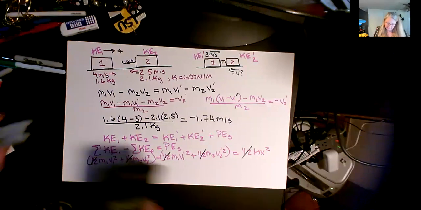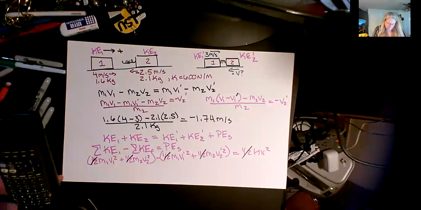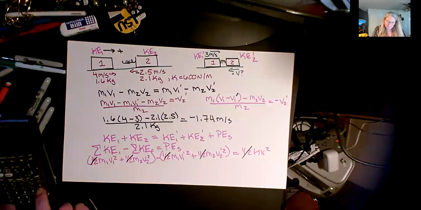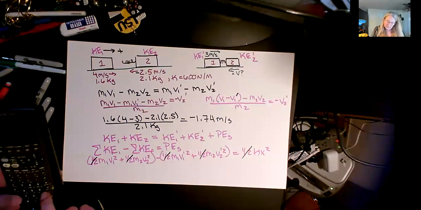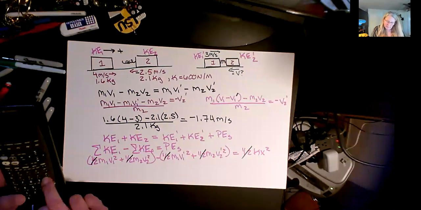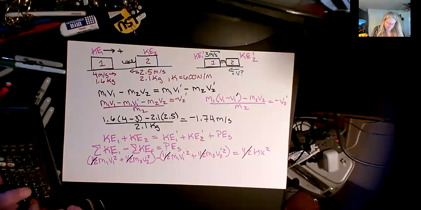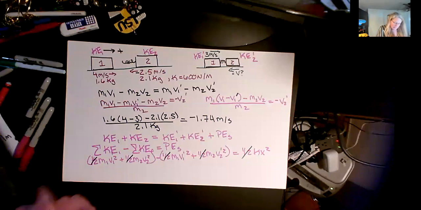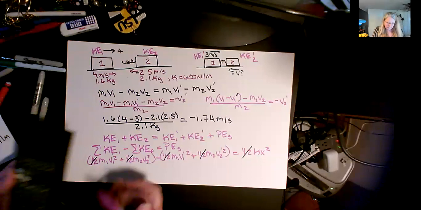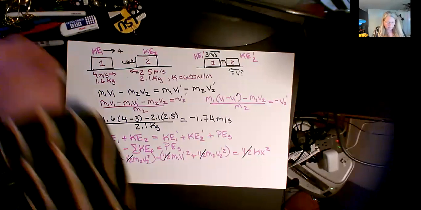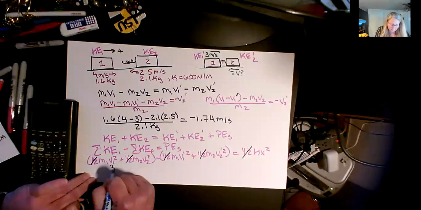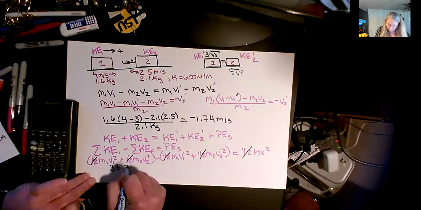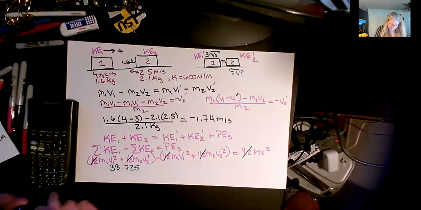I get mass 1, 1.6 times velocity 1 squared, 16, plus 2.1 times 2.5 squared. And this comes out to 38.725. Now let's do the other one.